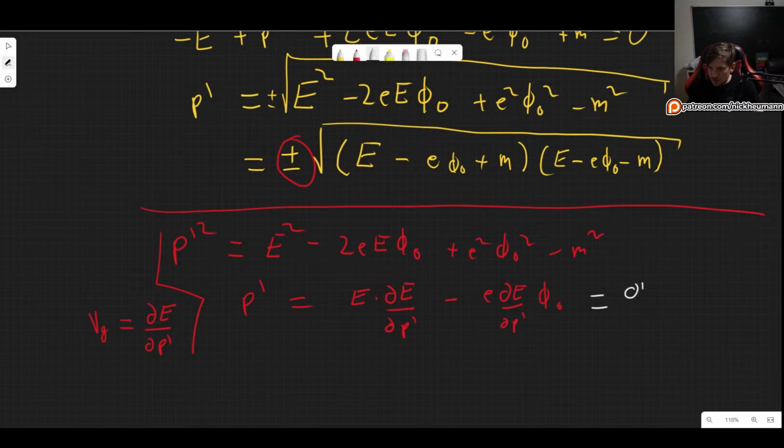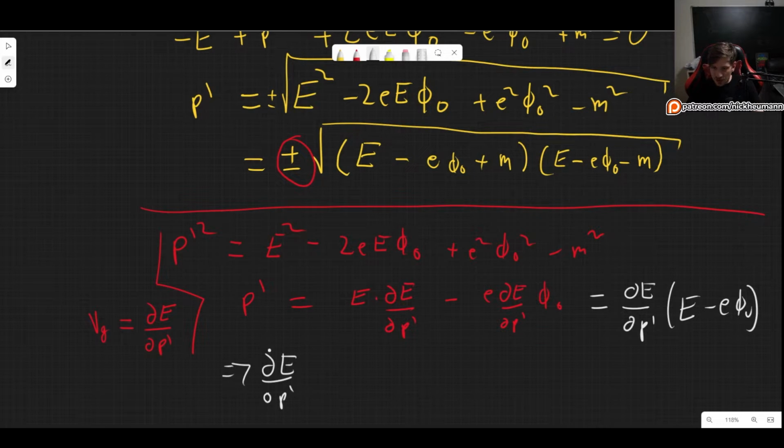So we get dE/dp prime times (E minus e phi 0). So we can see that dE/dp prime, which is precisely the group velocity, is p prime divided by (E minus e phi 0).